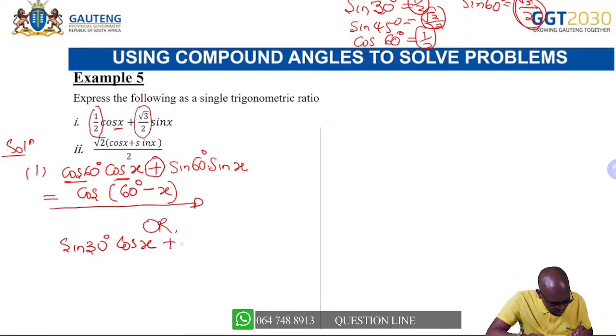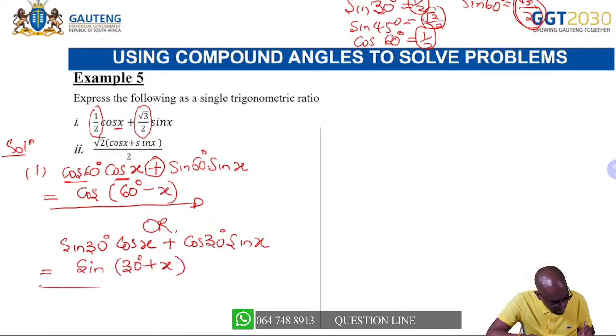So I will write root 3 over 2 as the cosine of 30 as well, then the sine of x, which means that now I am using the compound angle for sine. This would be the sine of 30 degrees plus x, like that.